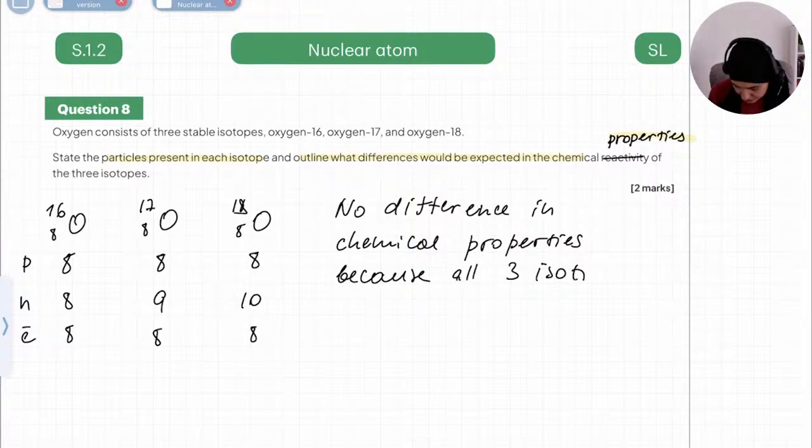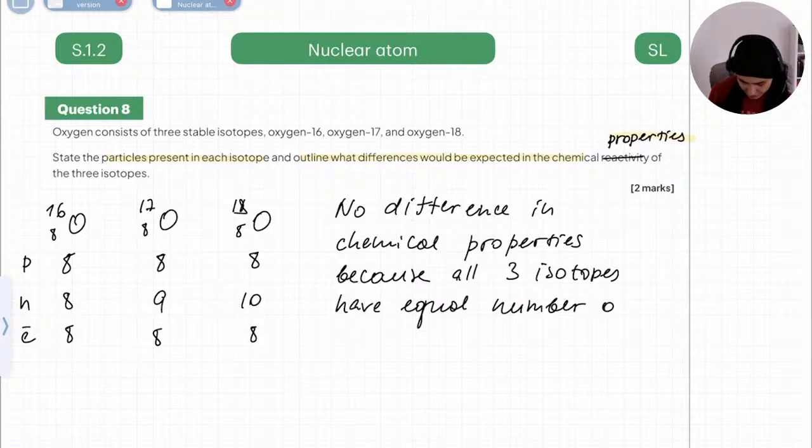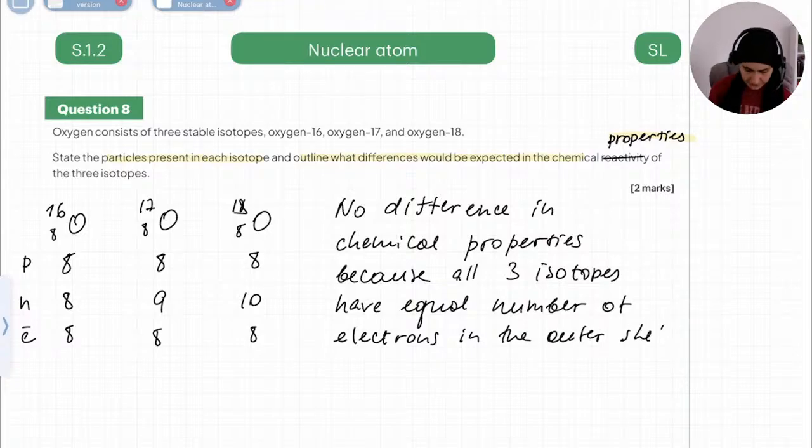All three isotopes have an equal number of electrons in the outer shell. 2 marks.